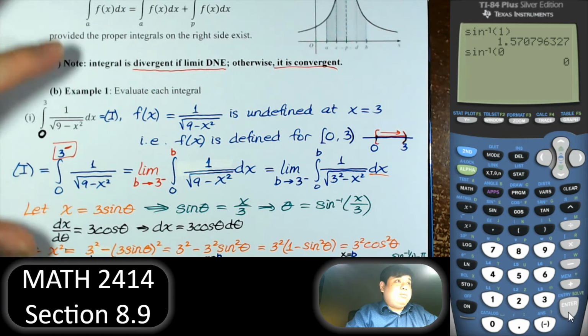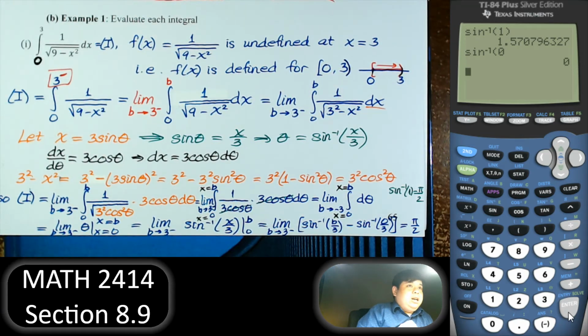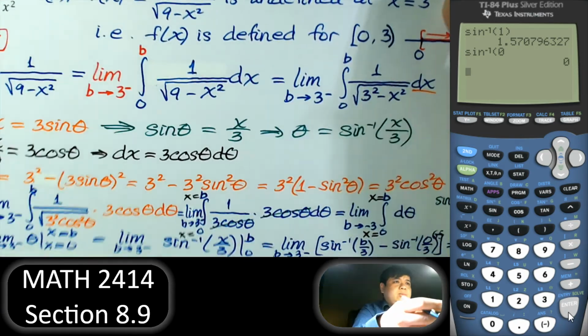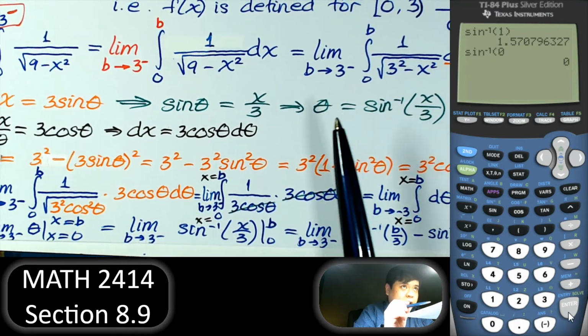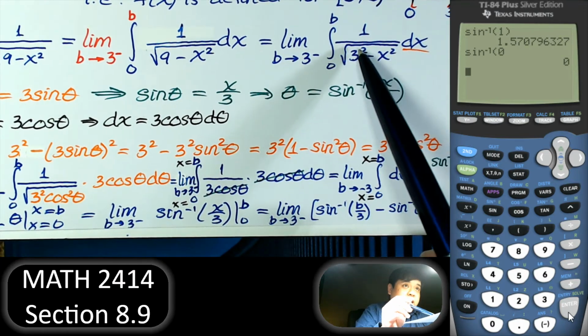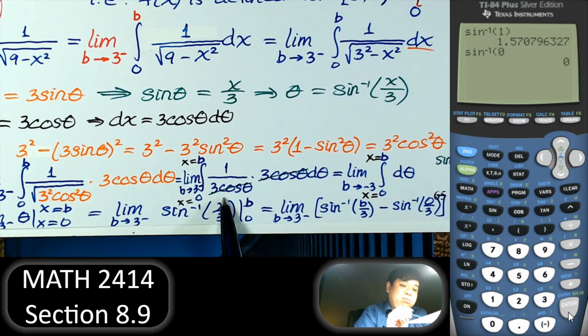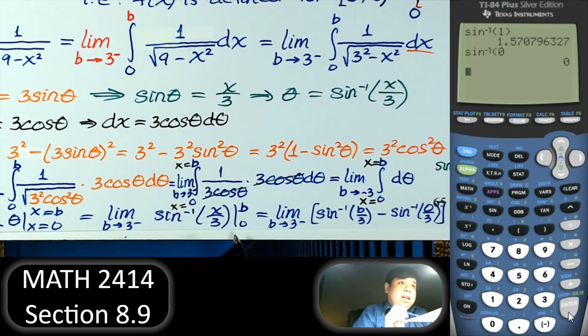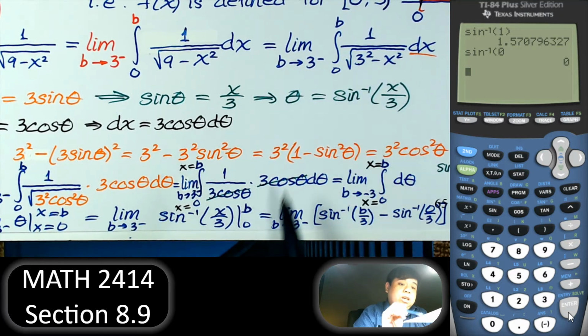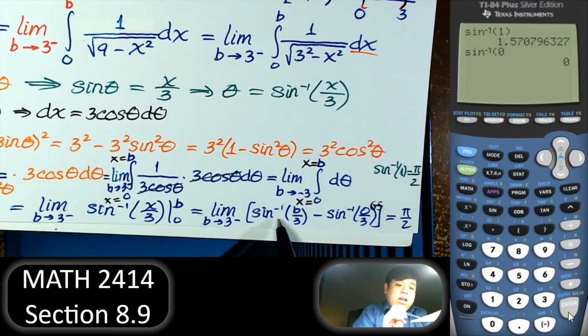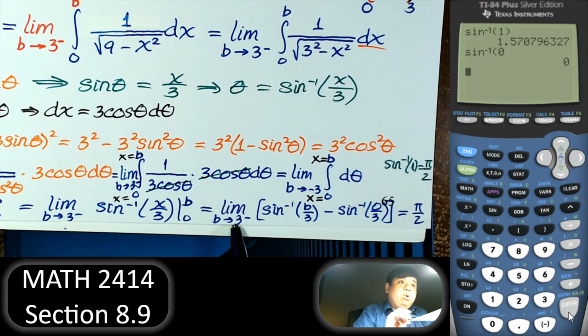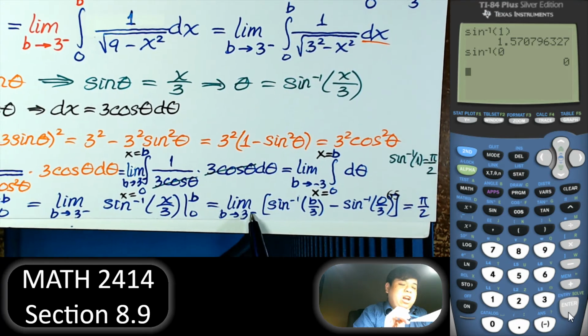I just moved this up to have more space here. So, standard substitution: the integral of this one is sine inverse of x over 3. I could just do that, and then still from 0 to b. So sine inverse of b over 3, but b goes to 3 from the negative side, doesn't matter.